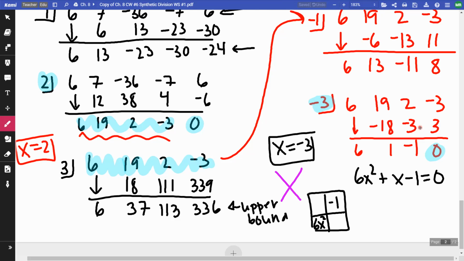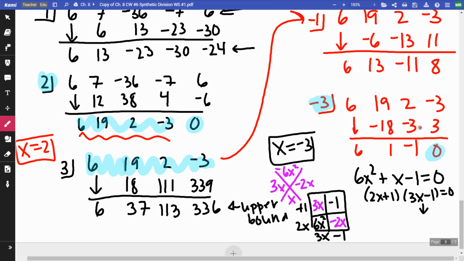So that would be -6x squared and a positive x. That's going to be 3x and -2x. So I'm going to have a 3x and a -2x. So that is going to give me 3x and 2x, minus 1, plus 1. So I got 2x plus 1 and 3x minus 1.